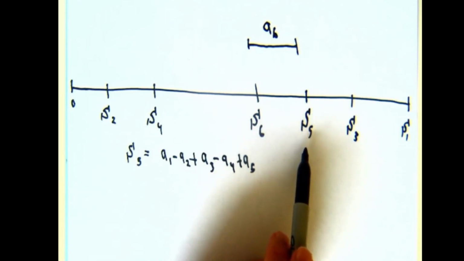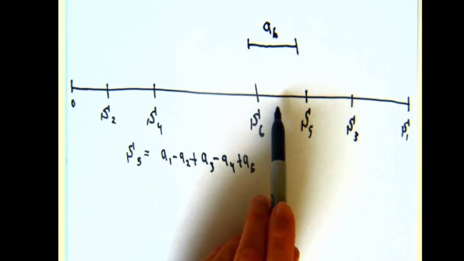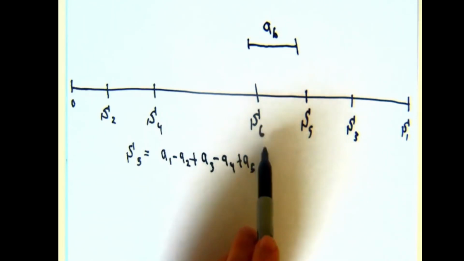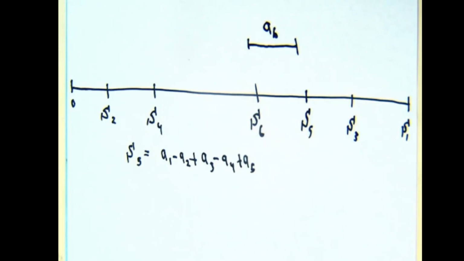When I calculate S number 8, wherever S number 7 was, I'll move A number 8 to the left, but I'm still trapped between S6 and S5. In fact, all future partial sums are going to be between S6 and S5.